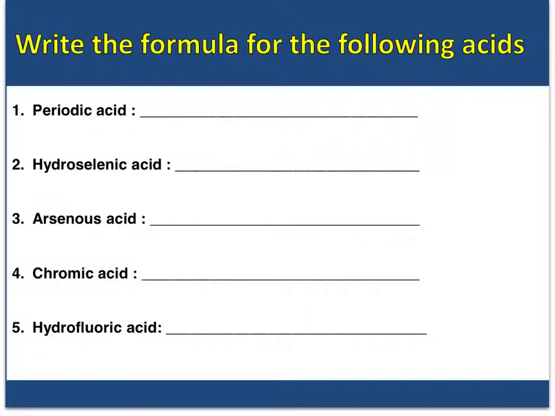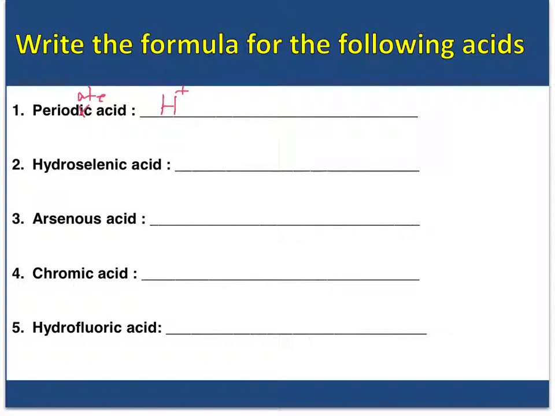Okay, so let's write the formula for these acids. We look at the acids and determine if they're polyatomic or binary. So the first one, periodic acid. No hydro, so we know that it is polyatomic. So we drop the ic. Remember, what did we replace? Put ic in place of ate. So we look up periodate, and it's going to begin with hydrogen.